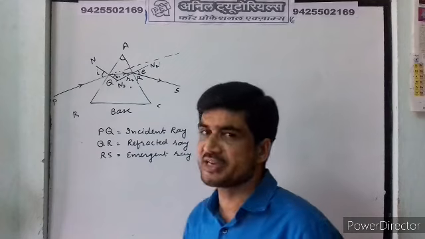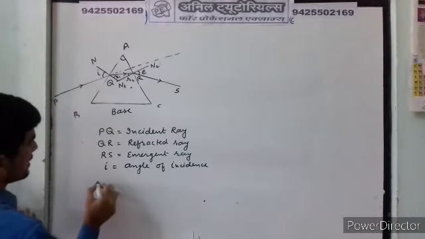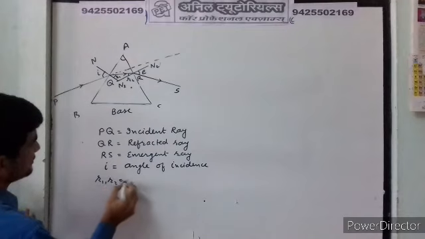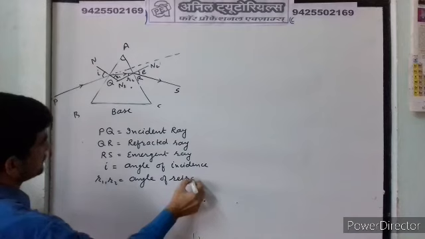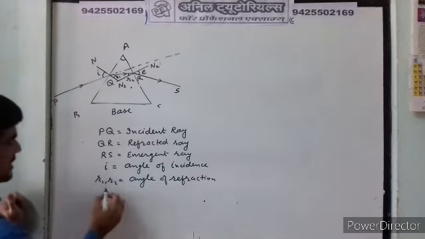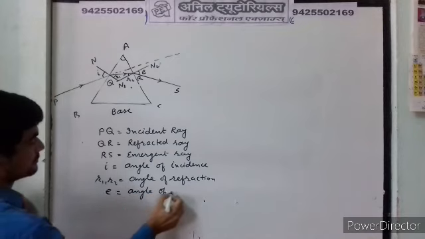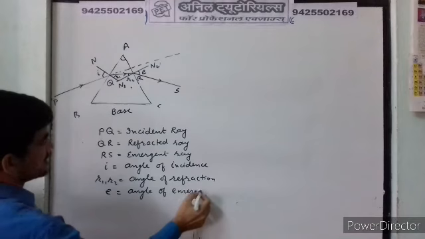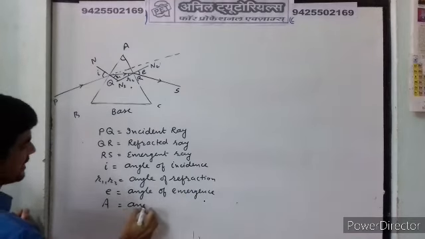Okay, the normal makes 90 degrees with the surface AB as well as AC. r1 and r2 are the angles of refraction. See, on surface 1 and surface 2, we have the angle of emergence e. A, that is called the angle of prism.